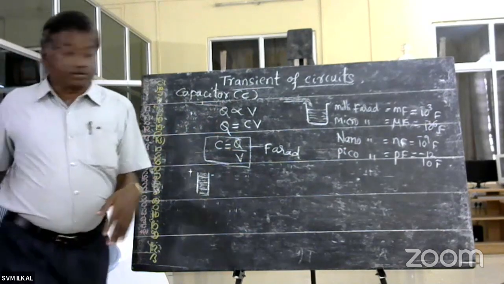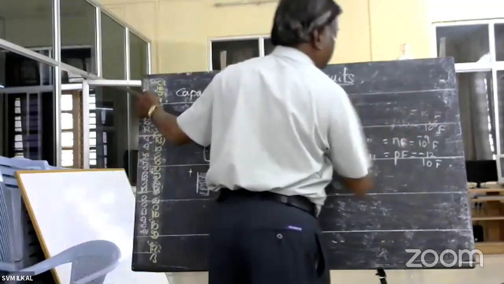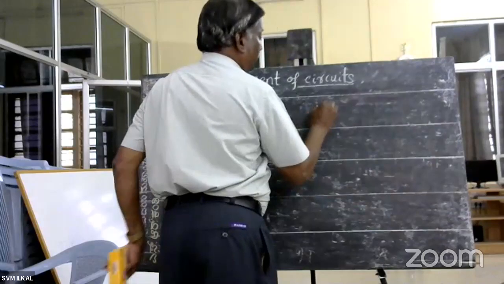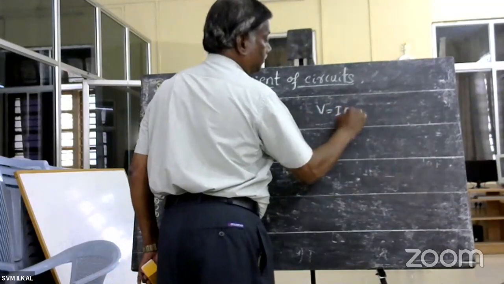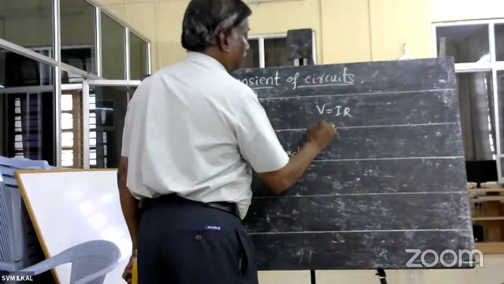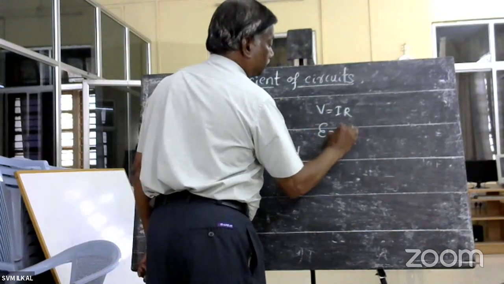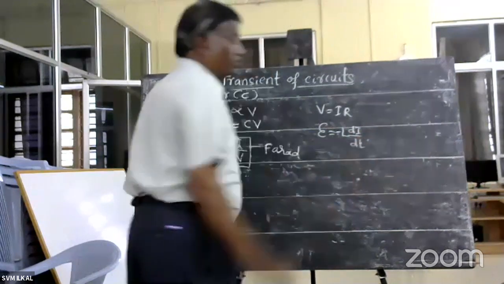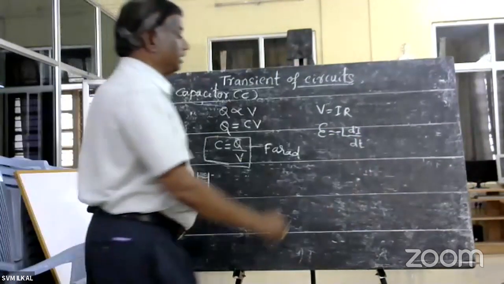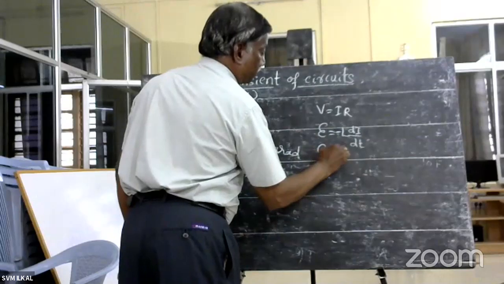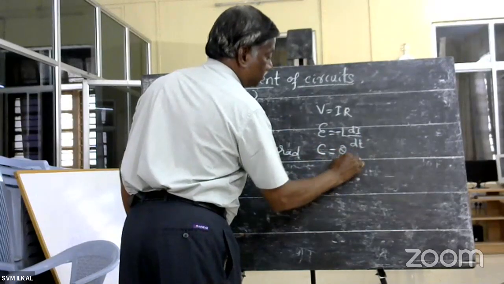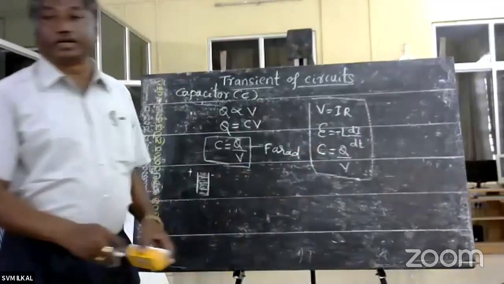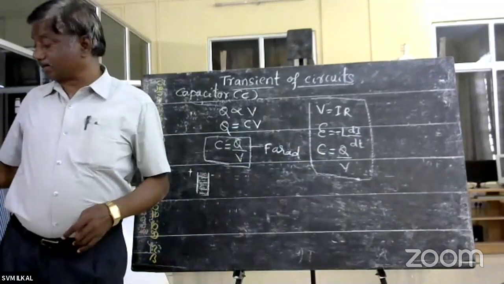That's why three important relations are needed to study transient circuits. That is V equal to IR for resistance, epsilon equal to minus L di by dt for the coefficient of self-induction of a coil, and C equal to Q by V for a capacitor. These three relations are very important because every electrical circuit has an inductance, capacitor, or resistance.